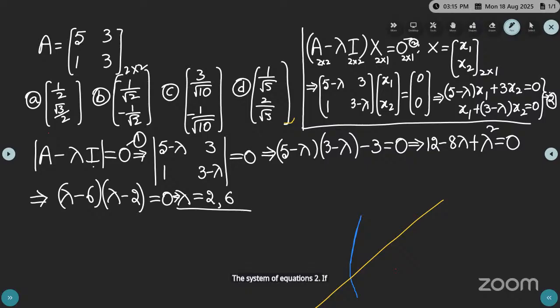If you are having two equations, definitely those two will be same. If three equations are there, any two are same. If four are there, any three are same.